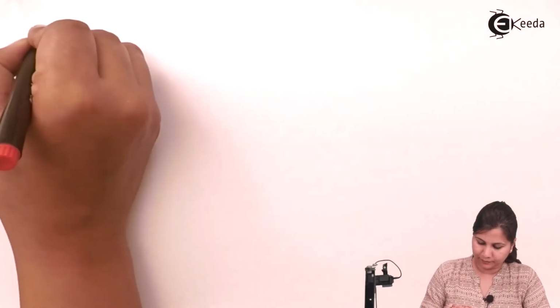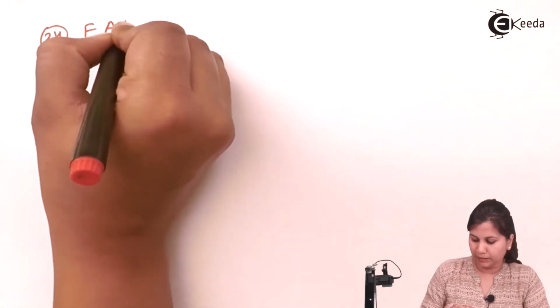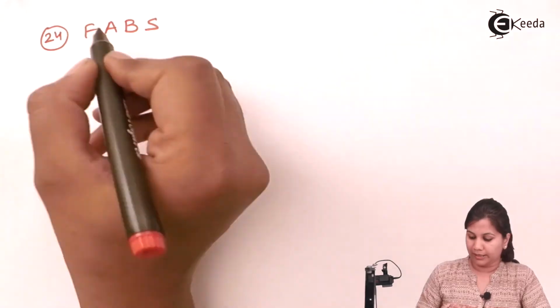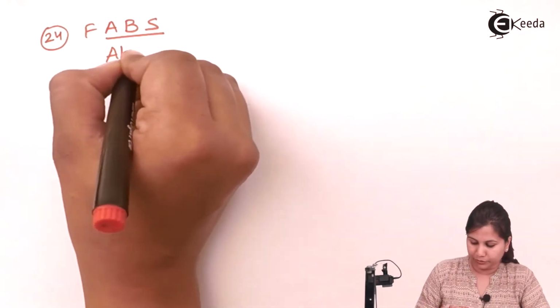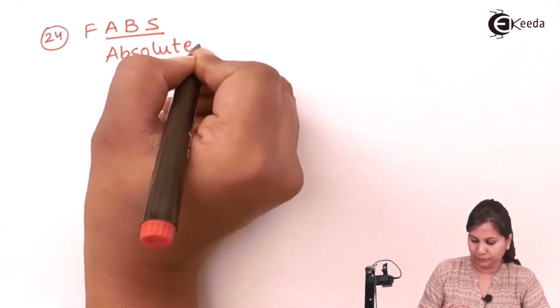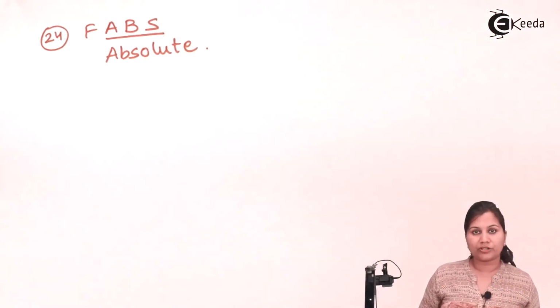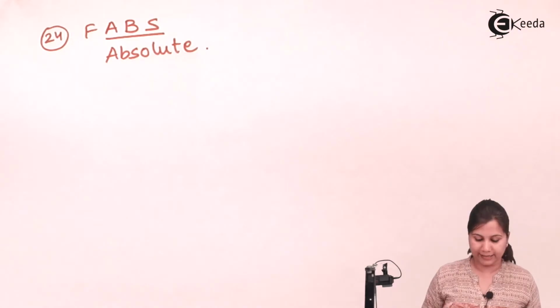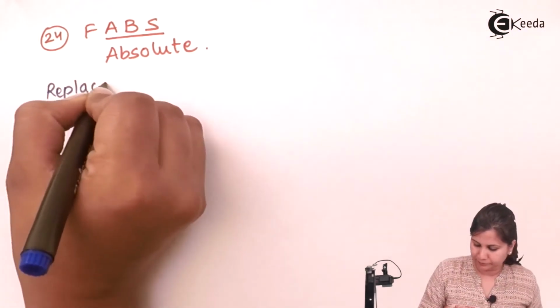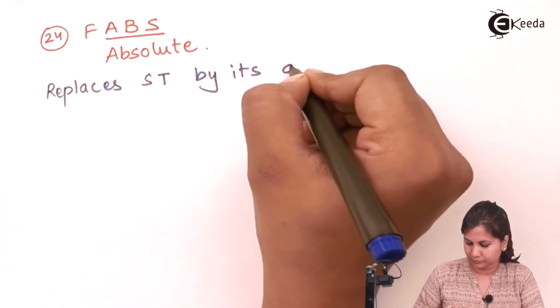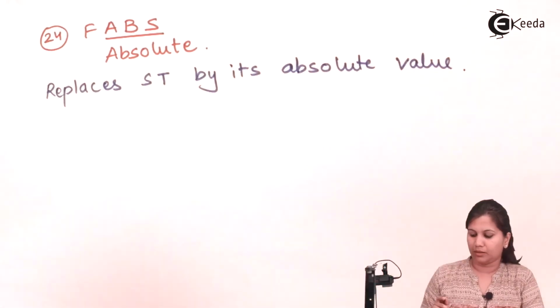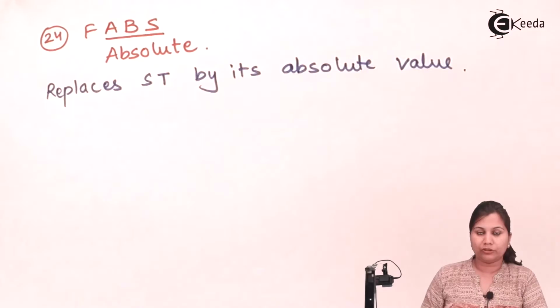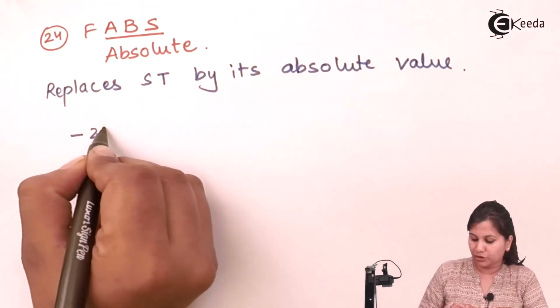Next instruction, FABS. ABS is for absolute. So this instruction is going to provide the absolute value of the number. Again, the number is stored in ST. Whenever we find the absolute value, suppose that the number is minus 24.